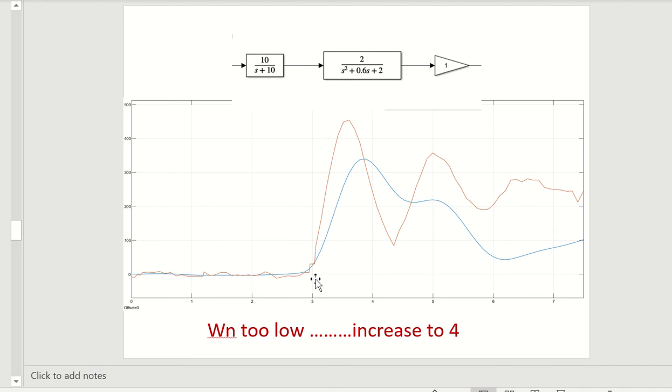This could be the real output here, and this could be, say, the model output here. So the model output at the moment is quite a bit different from the real output, and this is the current transfer function we've got. So we've got to find some way now, changing all these numbers, to make the blue and the red line match up.